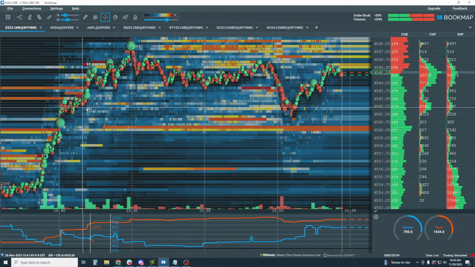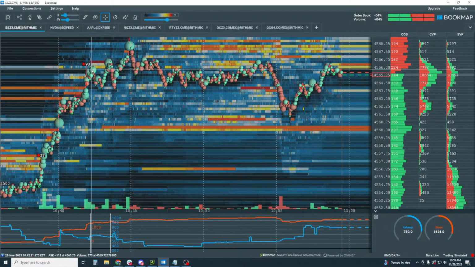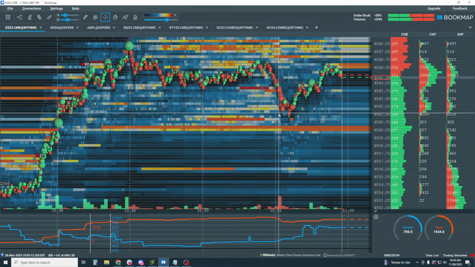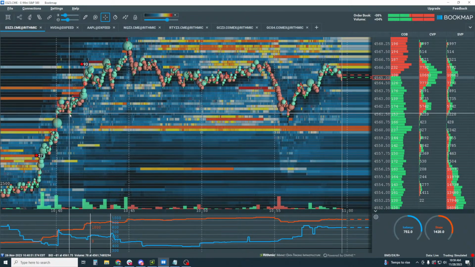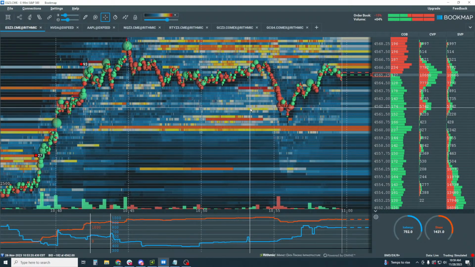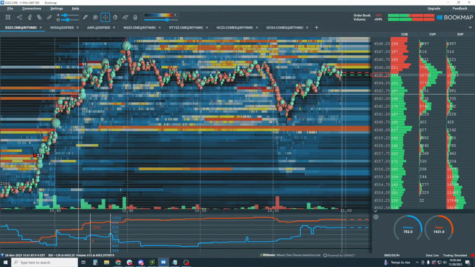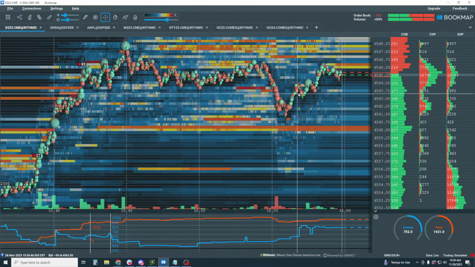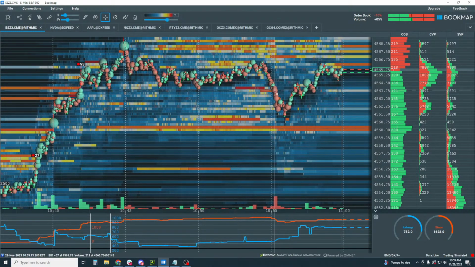And we have to pull back further. Note the pullback as well. See this cluster in here and this little back and forth before this another extended move here. And that's where we came to. You can look for these things in structure in the order flow, and high liquidity getting filled through that area here, retracement back into this area here, and then identifying who maybe got it wrong here.